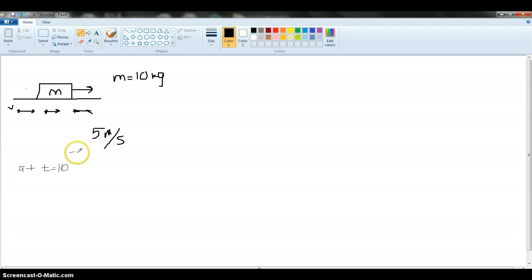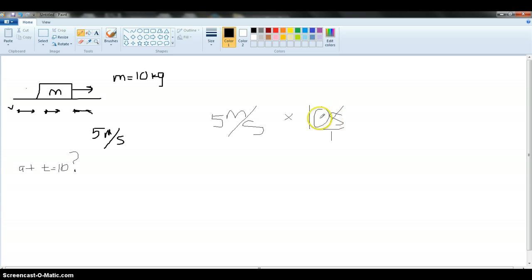And now this problem is asking us how far has it traveled in 10 seconds, and what is its velocity at t equals 10 seconds. So let's see. We've got 5 meters per second multiplied by 10 seconds over 1.